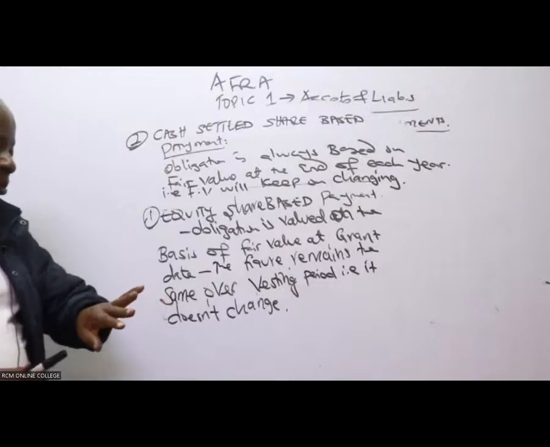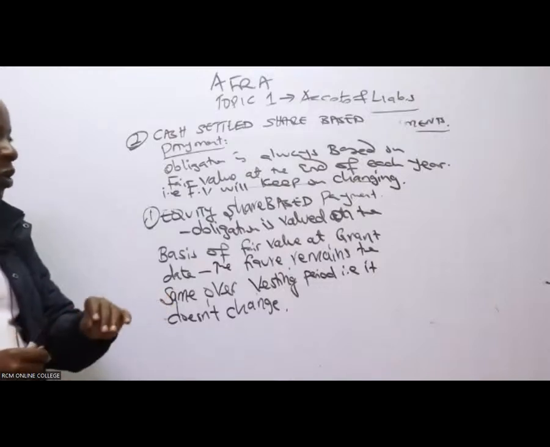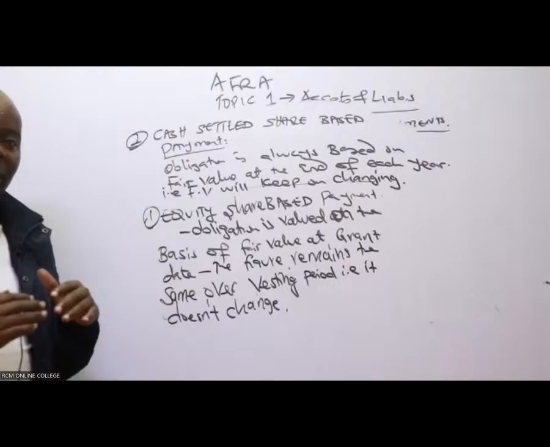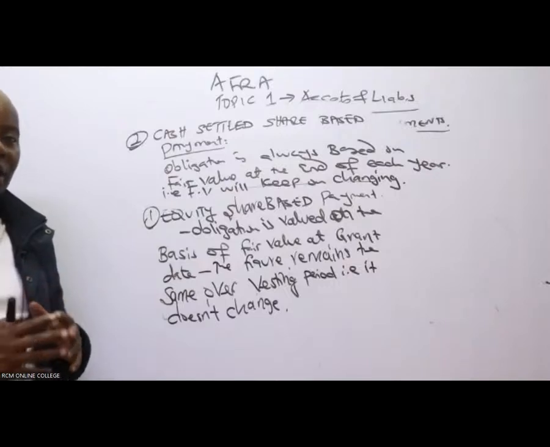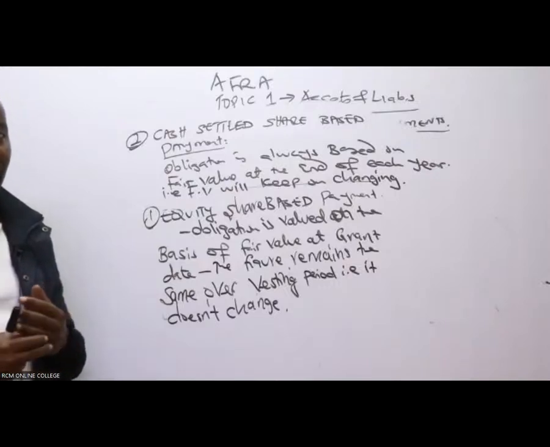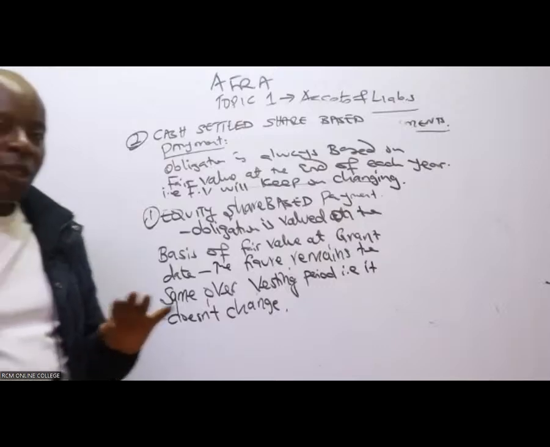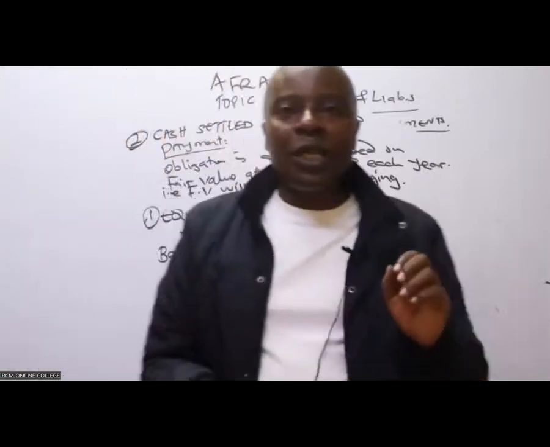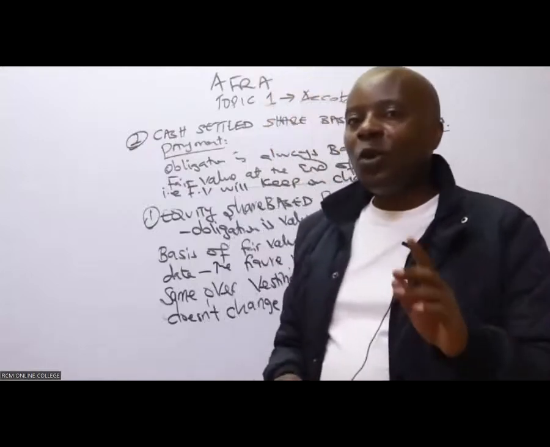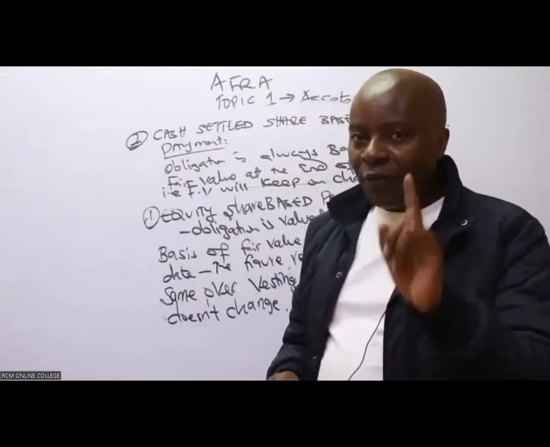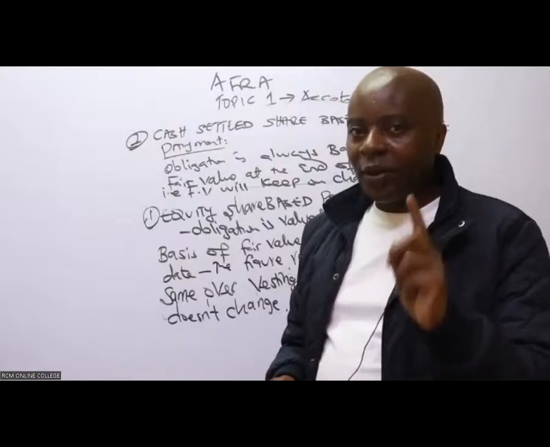So something very important for us to appreciate from the word go. And the moment you have known this, we have basically understood the entire standard. So if it's what you're calling equity settled, always the fair value will be the fair value as at the grant date.